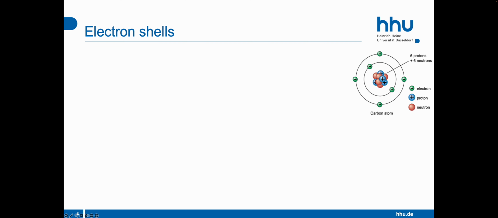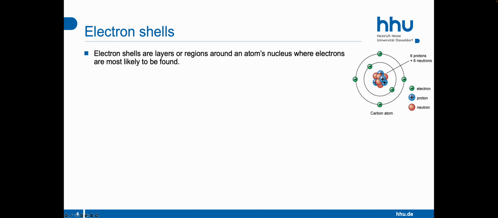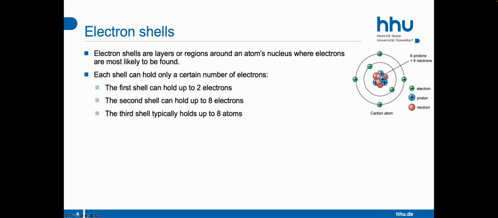So let's start with a short definition. Electron shells are layers or regions around the center of an atom where the electrons of the atom are placed, and electrons are arranged in these layers in a specific way. Each shell can only hold up to a certain number of electrons.